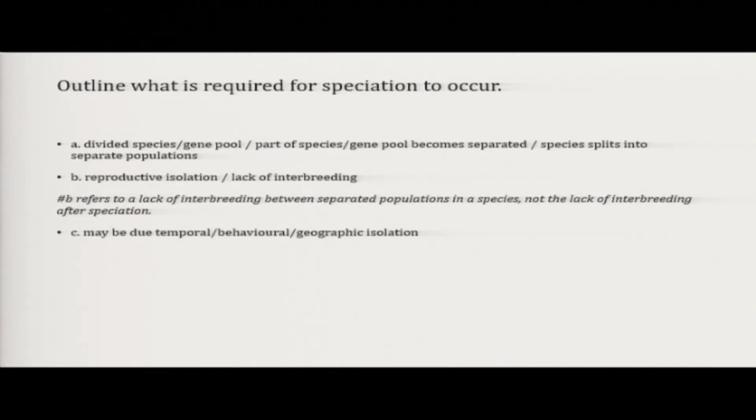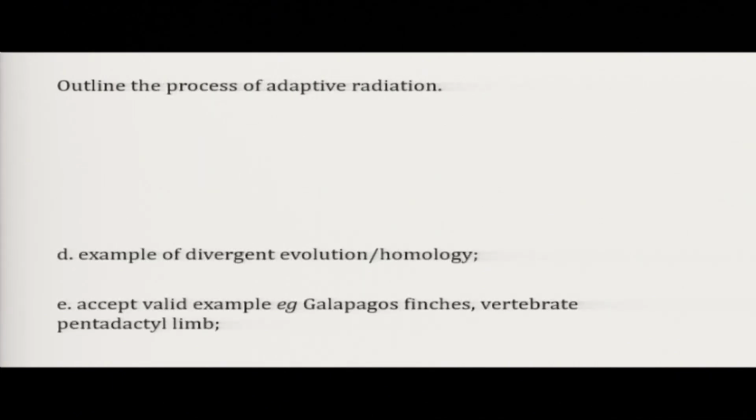And it can also be temporal, behavior, geographical isolation. All these can bring about new species to form. So these can be like the small engines behind formation of new organisms as new species. Natural selection or selective pressures can as well come in. Then we go to the process of adaptive radiation.